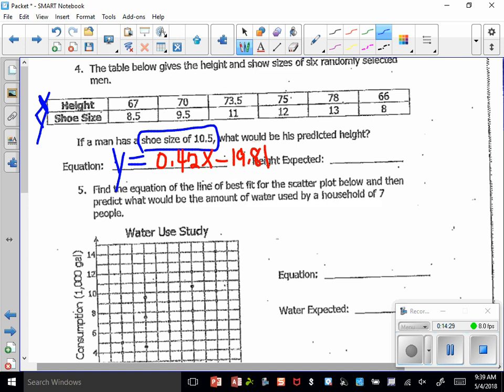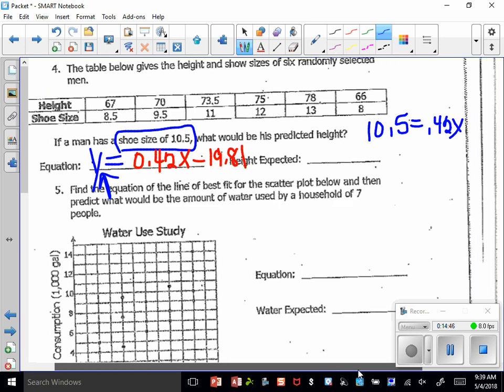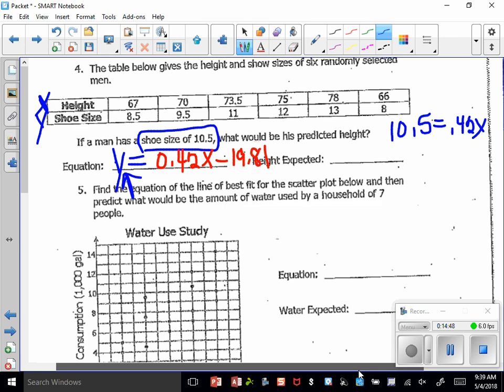On your paper, you're going to replace Y with 10.5 equals 0.42x minus 19.81. Okay, so you're going to solve that equation.